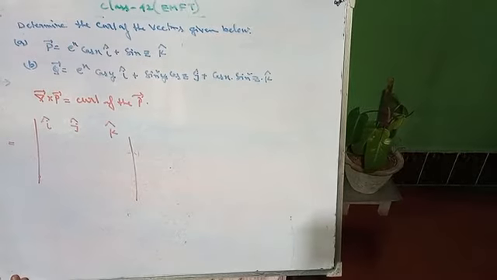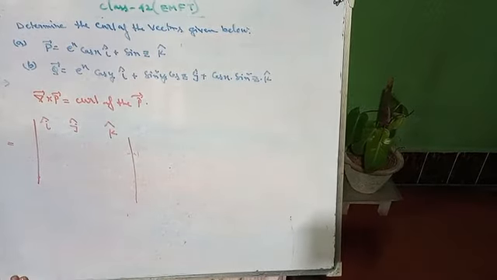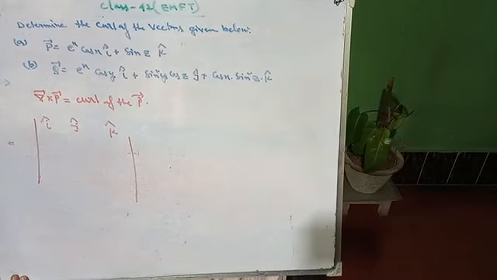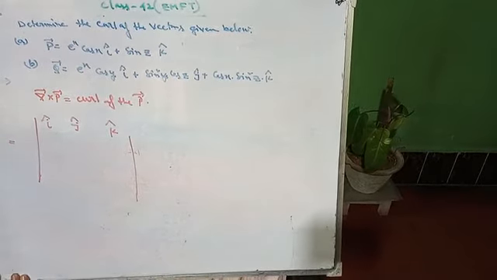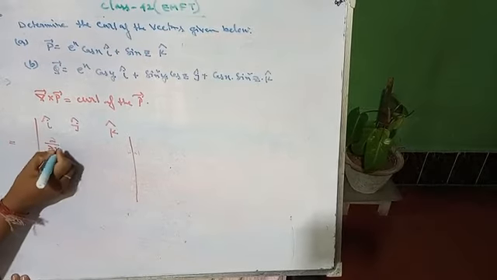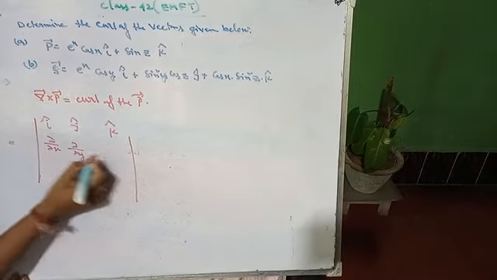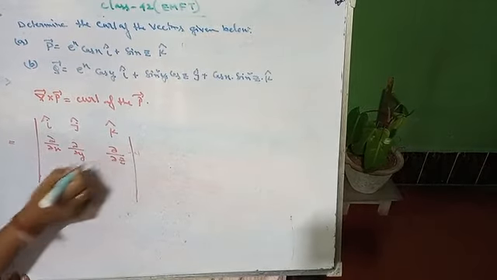I have already discussed them, so please go through the class again and see my video. Then you can easily get the concept of curl. So now I am directly writing over here. This is the method of curl.